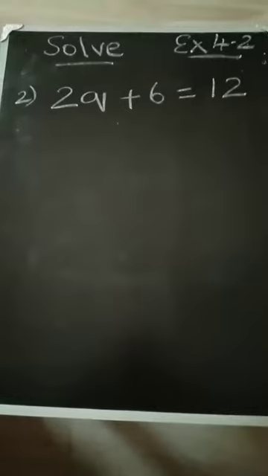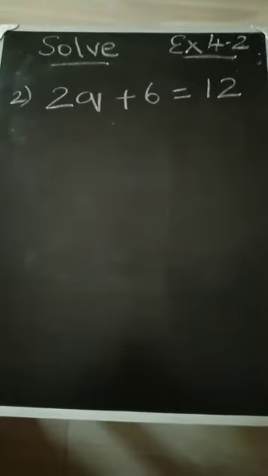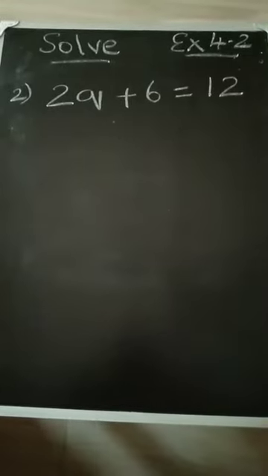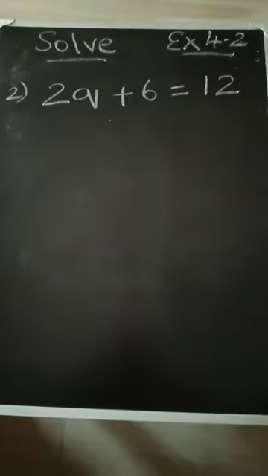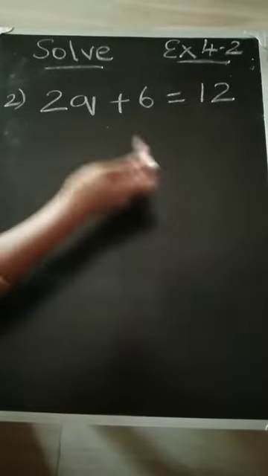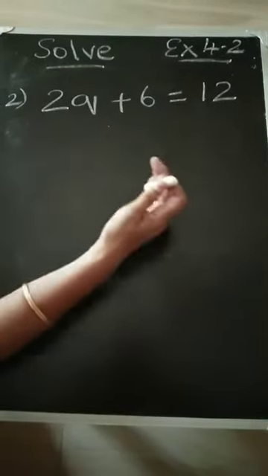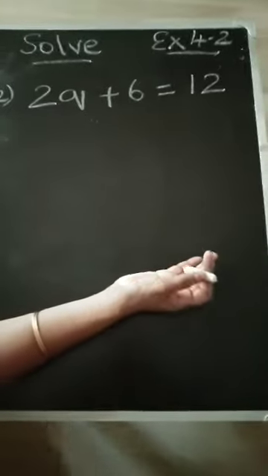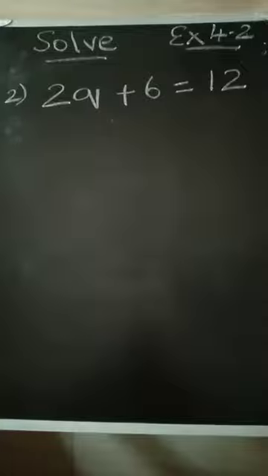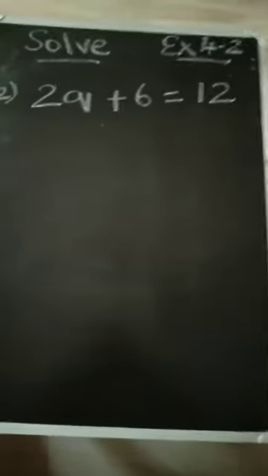Okay, next sum. 2q plus 6 is equal to 12. So now this sum also we are going to balance. Previous sum we had only this one. So 10p is equal to 100. It was easy for us to divide and multiply whatever it is. But here you have a big expression equated to 12. Now first we have to eliminate this without the value of the LHS and RHS to be changed.